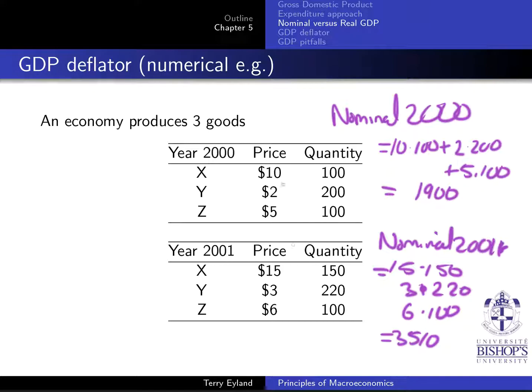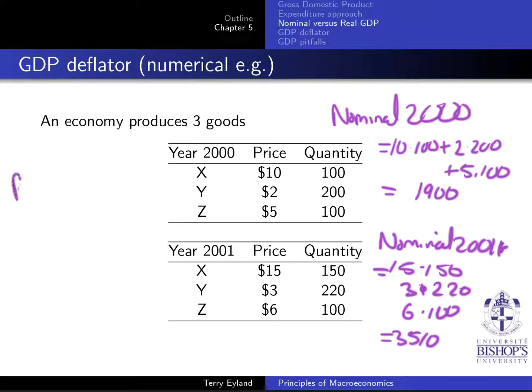So this good here has increased by 50%. This good here has increased by 50%. This good here has increased by 20%. So we know that inflation has to be somewhere between 20 and 50%, because depending on the weights of each, we have a certain value between 20 and 50% for each of the goods. So it has to be somewhere in between all of that.